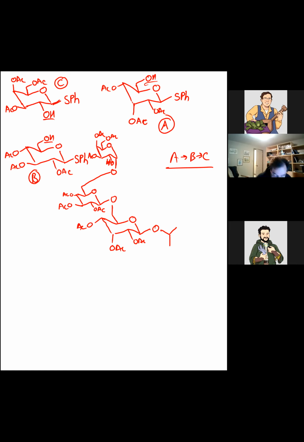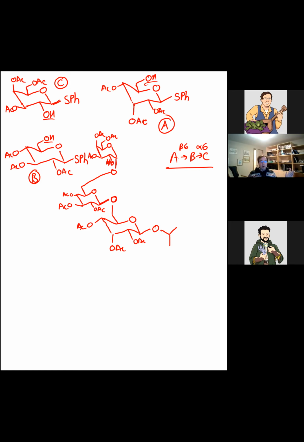It's A, beta 6, because it's beta 6 to B. And then B to C is an alpha 6 connection.